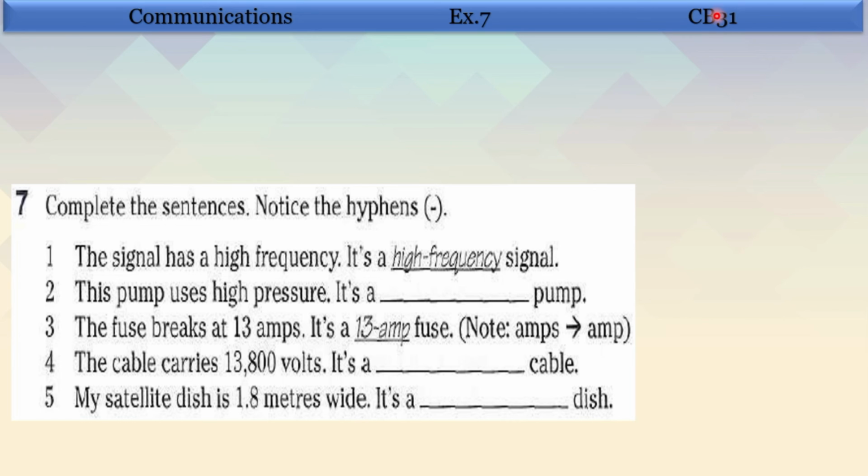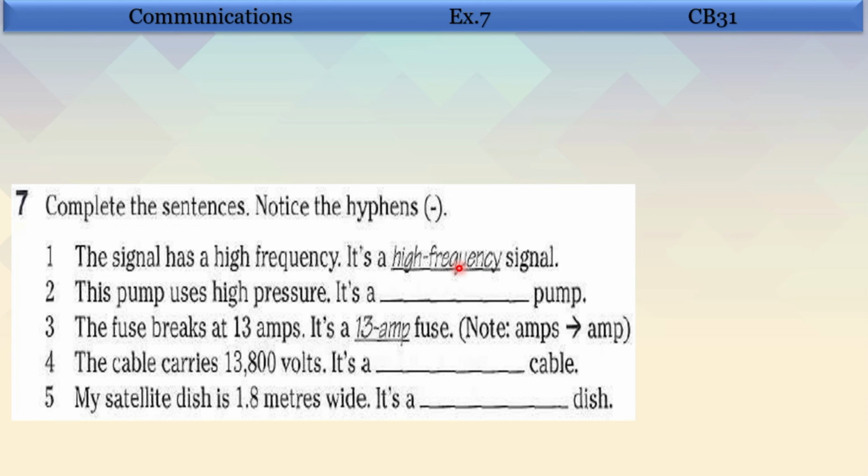Still on page 31, exercise 7. Complete the sentences. Notice the hyphens. We need to complete the sentences with adjectives like these ones. You can see that they contain more than one word.